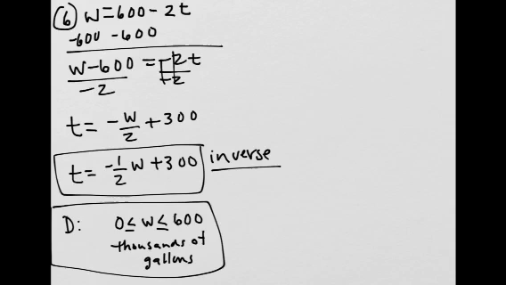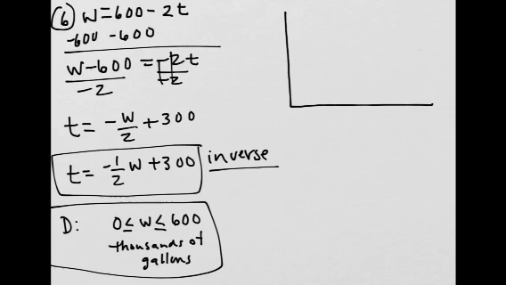I'm just sketching what you have in your book, where the horizontal axis is the water in thousands of gallons. Sorry, it's so messy.